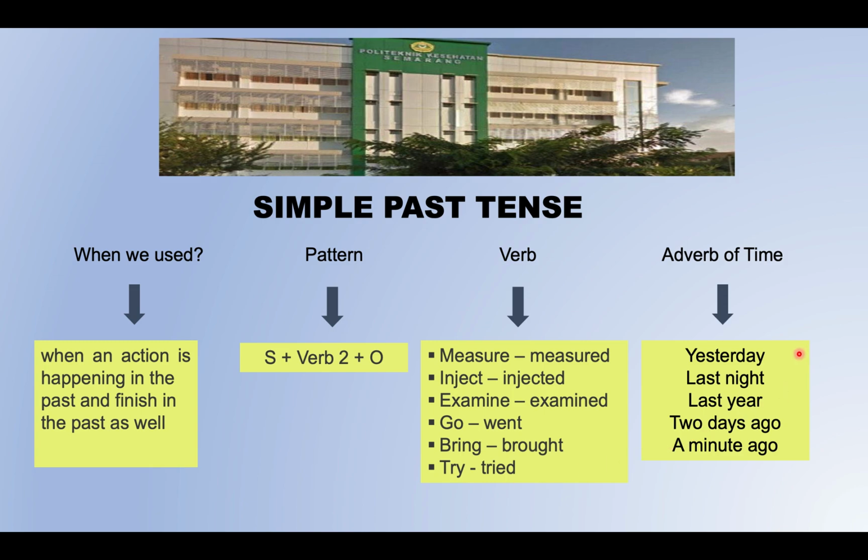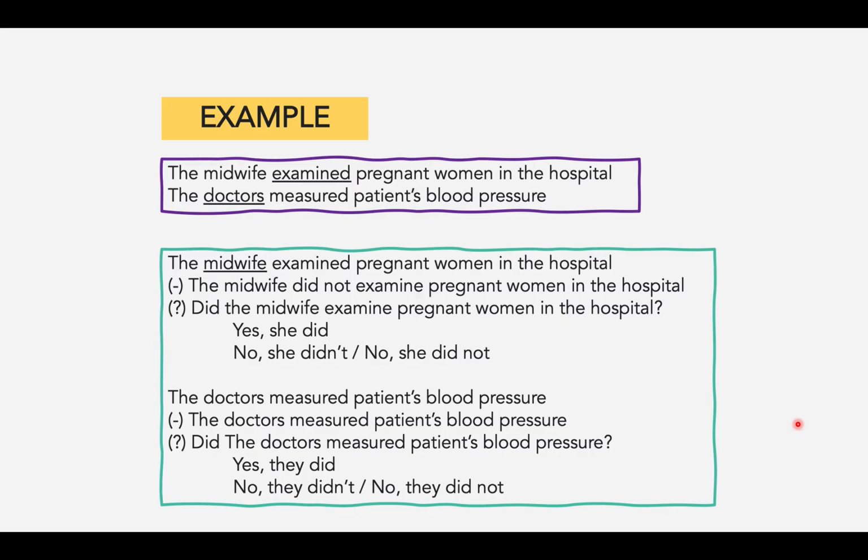You can use yesterday, you can use last night, last year, 2 days ago, a minute ago. So you can say a year ago, for example, or 10 years ago, or last year, last night, or last week, or something related with adverb of time for the past situation.